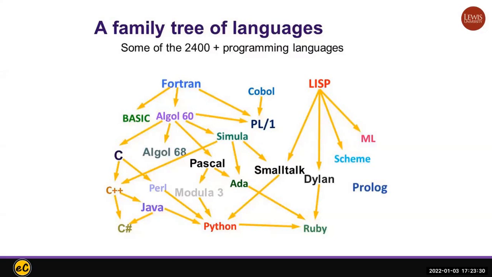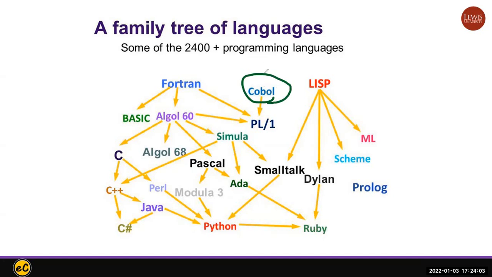Here, as you can see, it's a tree of the languages, the primary tree for the languages. In the old days, we had the first high-level programming language. That is the Fortran language. Fortran is short for formula translator. So apparently it's used for scientific calculation. And then we also have the common business-oriented language, that's COBOL.